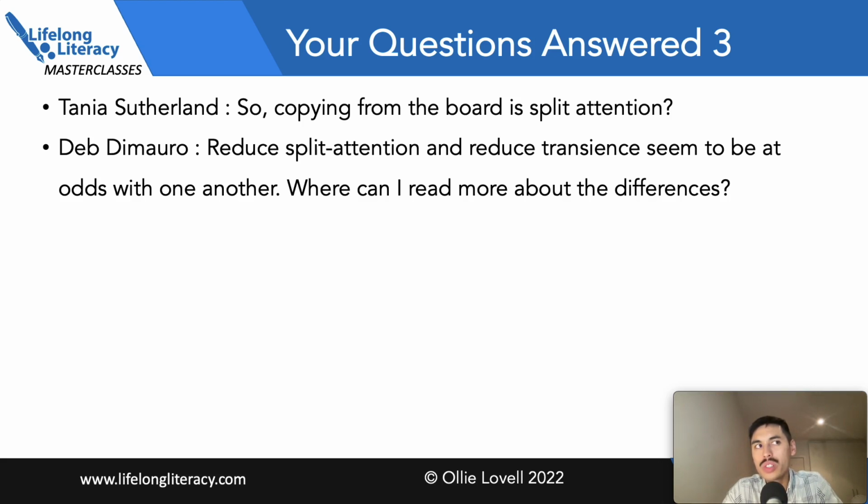Split attention, we meant information which must be combined should be placed together in space and time. Okay, yep. And transience, try to reduce, I don't know what my bulletproof definition is there. It doesn't rhyme, so it doesn't stick in my brain as well. Reduce transience, just make sure that students aren't holding info in working memory. I'm struggling, Deb. I'd love for you to follow up with that, and I'll reply in writing.